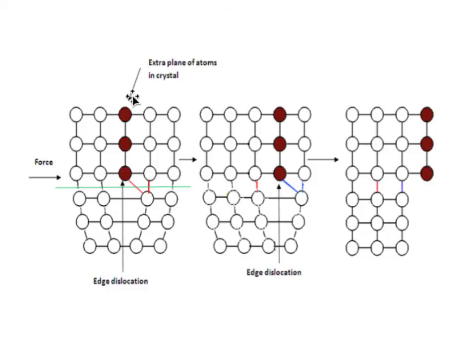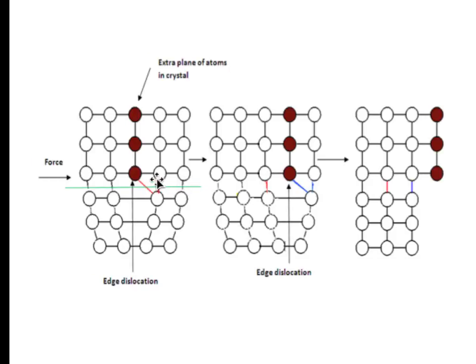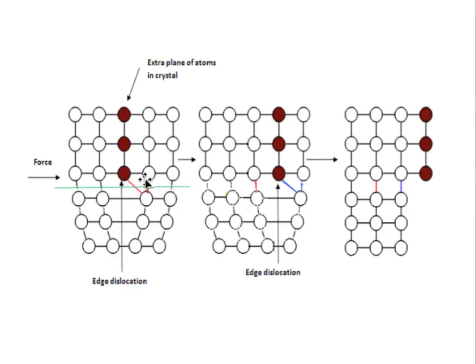Now there are a lot of different types of dislocations in crystals. It's easiest to look at the edge dislocation. There are also a lot of point defects in the material. All are contributing to the deformation mechanism of the material. But it's very important here to realize that due to the dislocation, due to the defects, only a few atom bonds need to be broken at the same time.